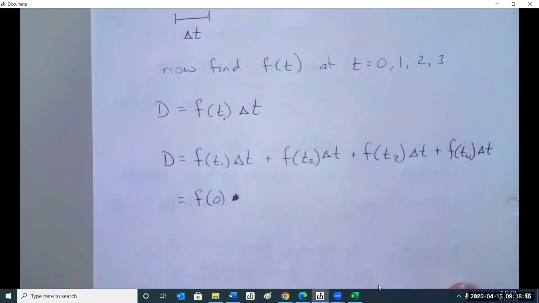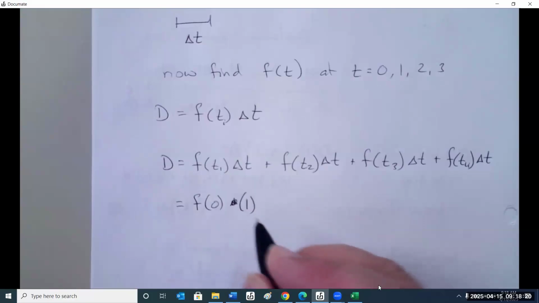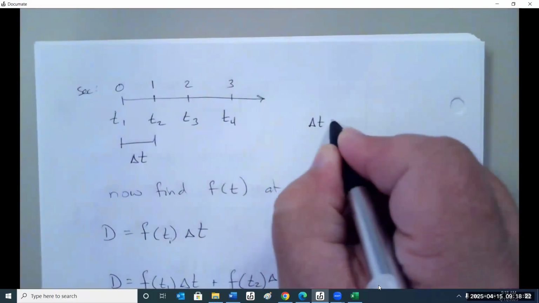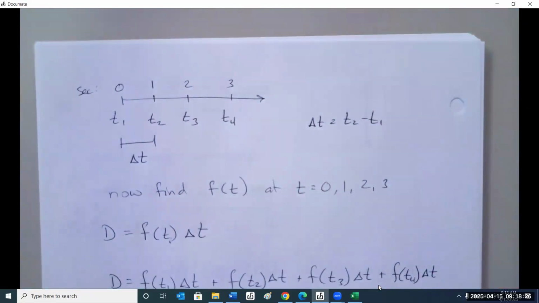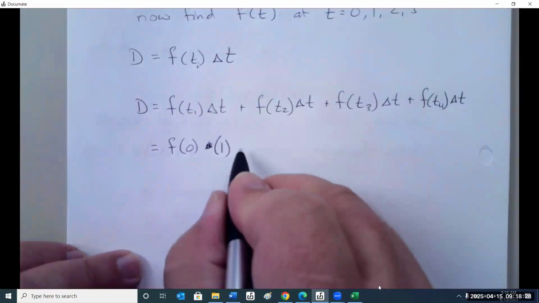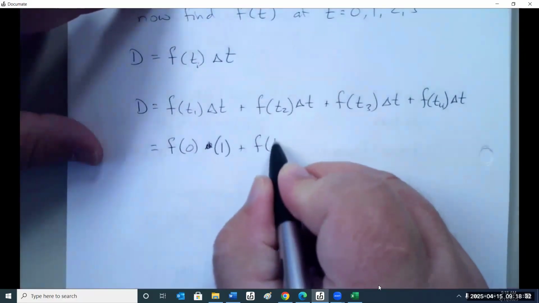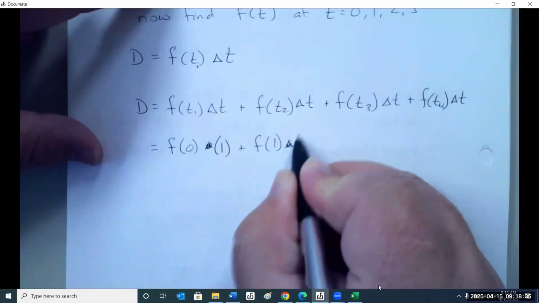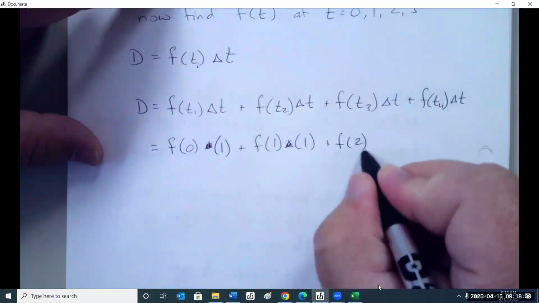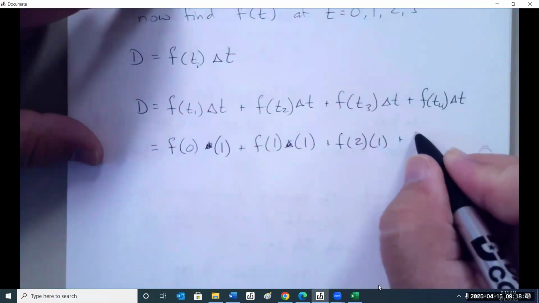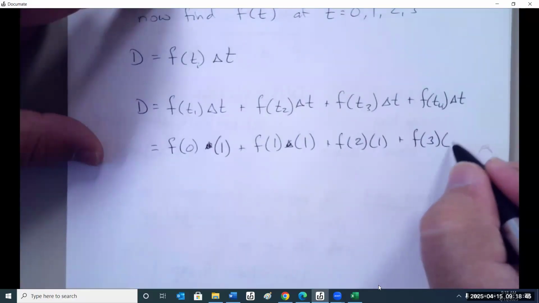What's delta t? 1. Delta t is t2 minus t1. Then f of t2 is f of 1 times delta t, which is 1, plus f of 2 times 1, plus f of 3 times delta t.